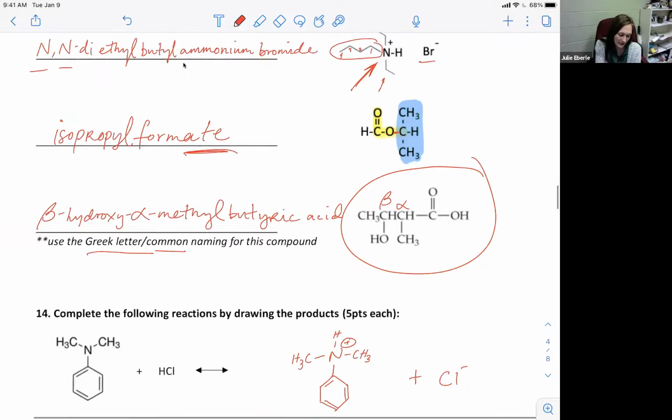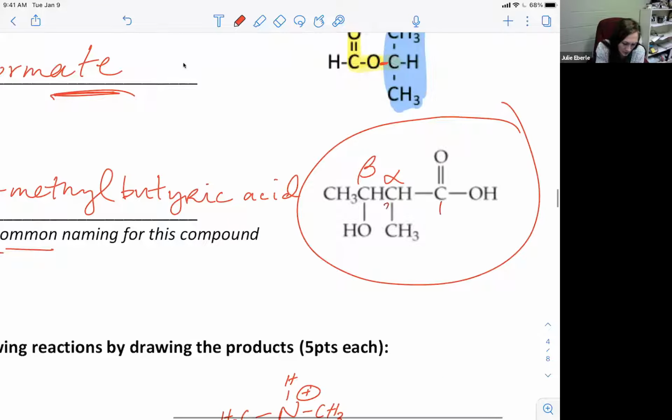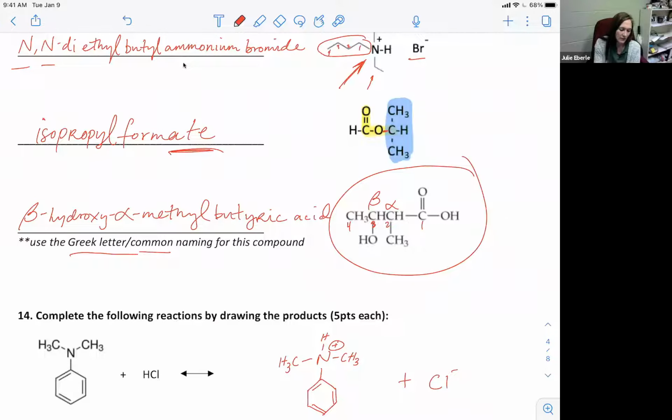It was a beta hydroxy alpha methyl. Then because there are 4 carbons, 1, 2, 3, 4, the common naming for this is down on your resources page. It was butyric acid. So if you spelled butyric wrong, I really didn't take off points. Some people got the beta and the alpha, but put them in the wrong order. Like you said, alpha methyl, then beta hydroxy. But remember, you've got to do it in alphabetical order.